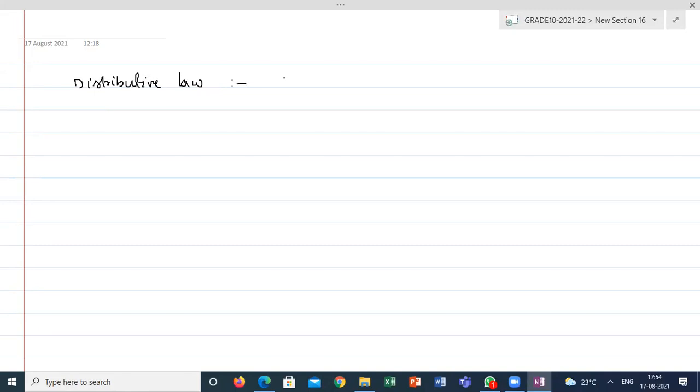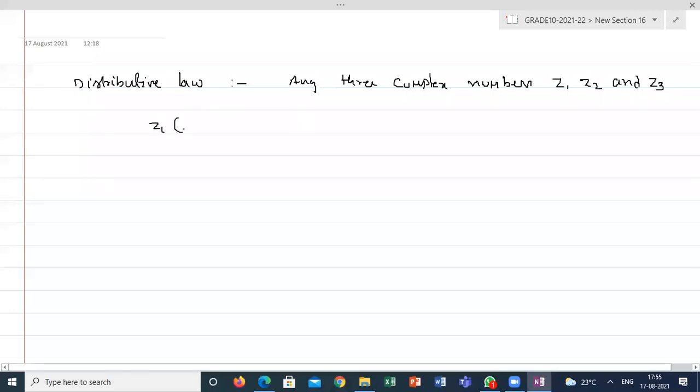So for any three complex numbers Z1, Z2 and Z3, if I am multiplying Z1 with the addition of Z2 plus Z3, I can distribute this like this: Z1 into Z2 plus Z1 into Z3.